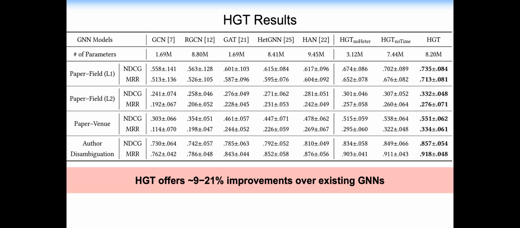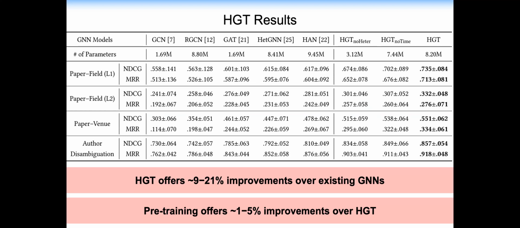Basically, the heterogeneous graph transformer model at the model level itself offers around 10 to 20% improvement over the existing graph neural networks, and the pre-training strategy offers another 1 to 5% improvement over the graph transformer model. So this is the result for the model part and the pre-training part.